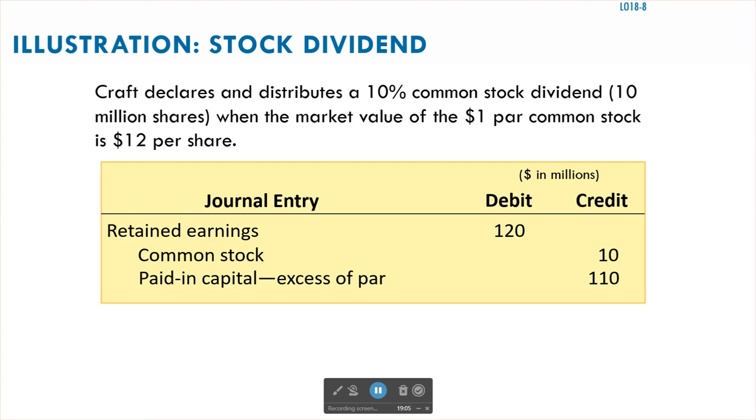Right, it would have been debited by 10. So you see that creates a significant difference in your, they call this a reclassification of equity from retained earnings to your contributed capital. So from between earned and contributed. It's a big difference depending on whether it's small or large.